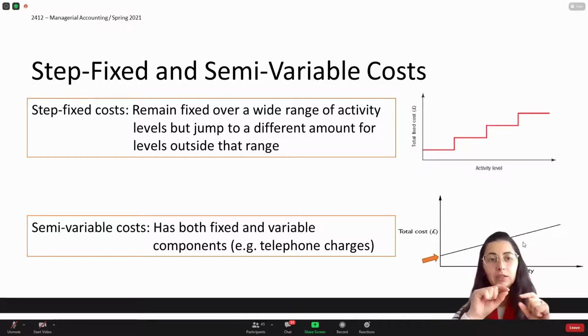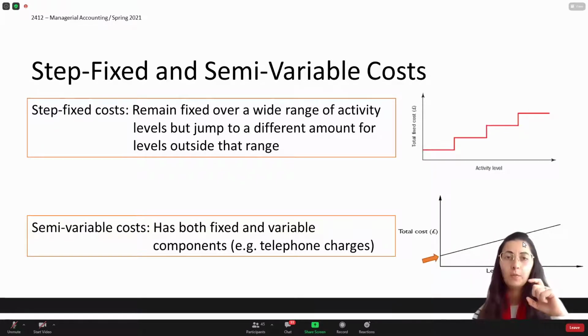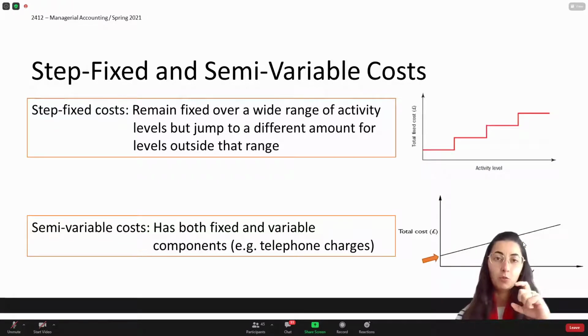Independent of the level of activity, you pay that fixed cost. And then as you increase the level of activity, you will have a variable cost adding to the fixed cost. So it is a semi-variable cost. Okay, questions?